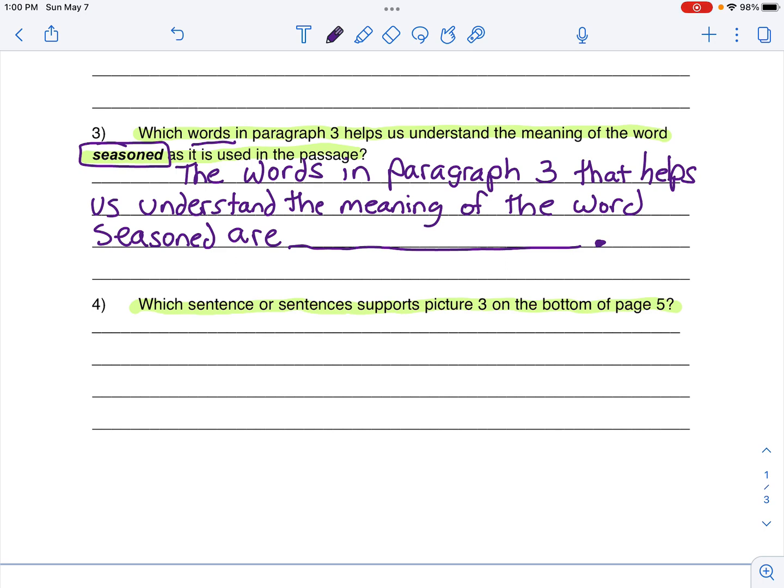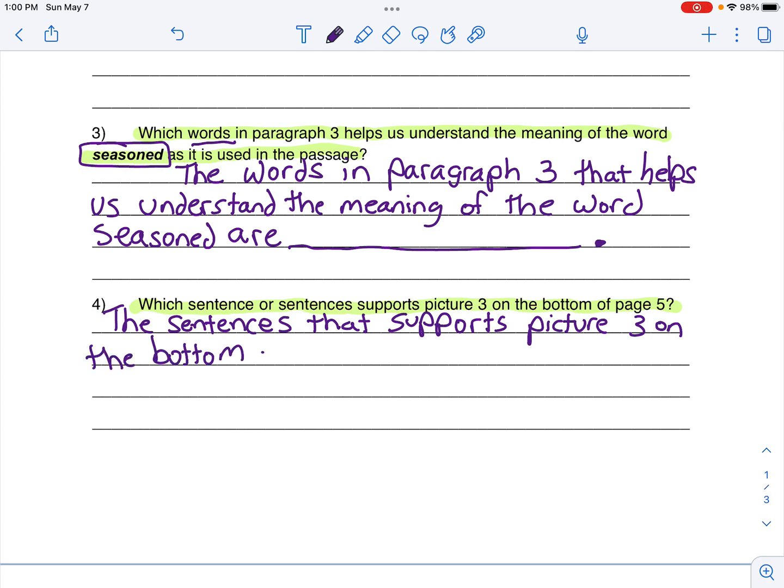Okay, are you ready for the restate? The sentence that supports picture 3 on the bottom of page 5 are, and we're going to put a colon here.